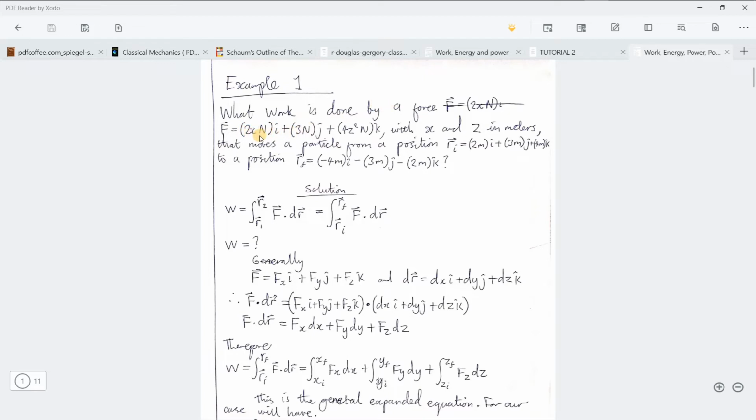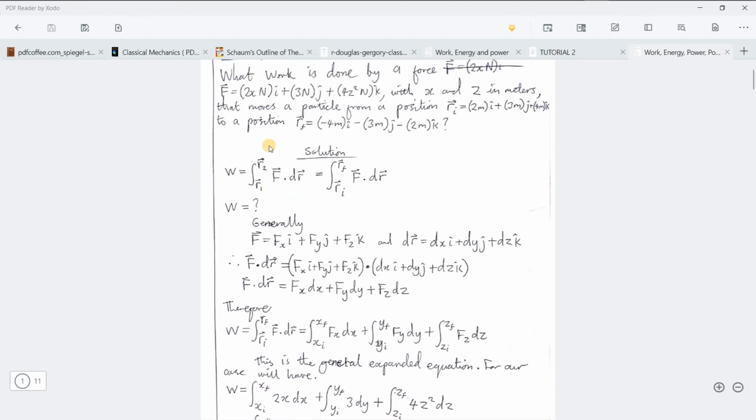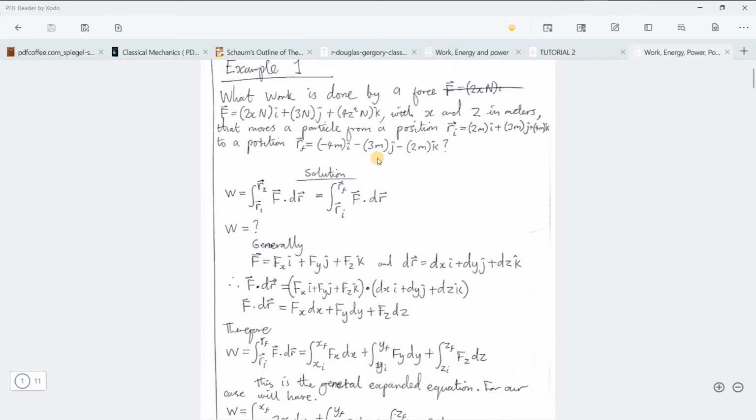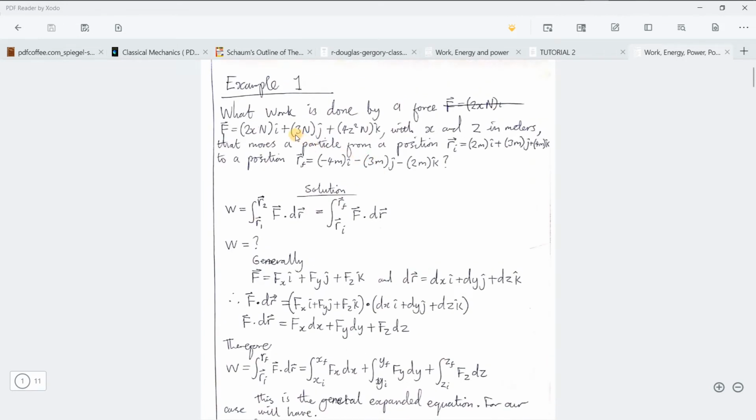This is the component there. We get 2x. Okay, so as you can see here, we've got 2x dx plus 3 dy. The 3 here is because of these 3 newtons here.